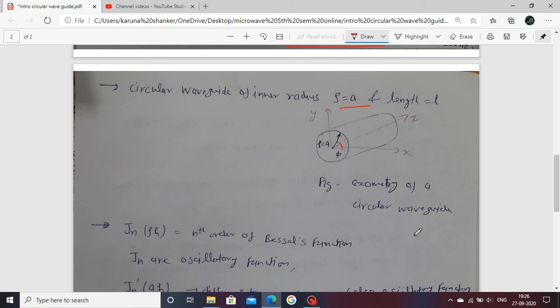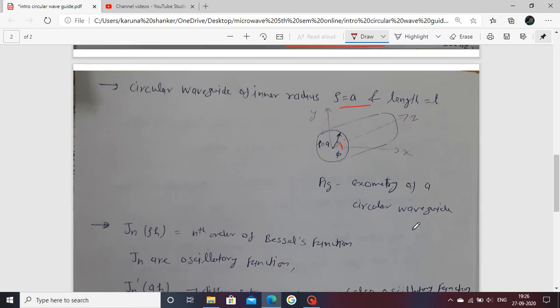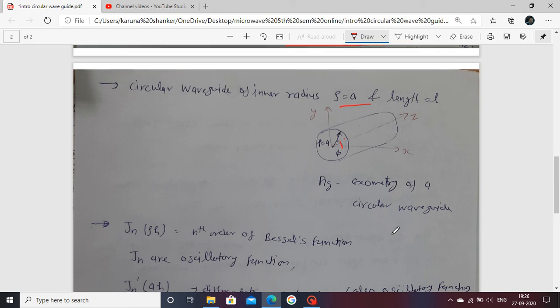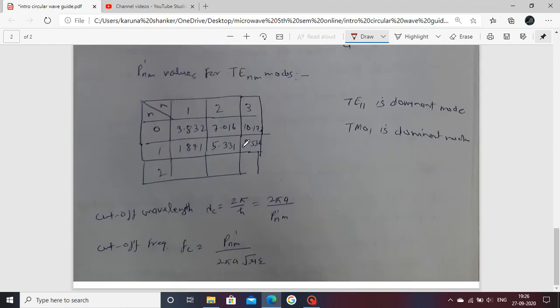Now, for the geometry of the circular waveguide, in the calculation of the transverse electric and transverse magnetic waves we use Bessel's functions to solve for the values of the TE and TM modes. Using Bessel's functions, we summarize the results in table form.